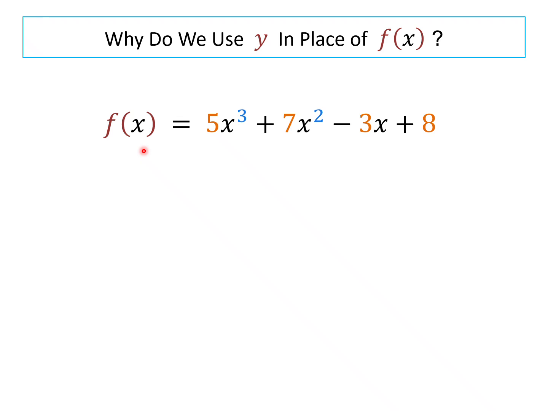Instead of writing all 4 letters, we can further simplify it by using a single letter y. So this is another variable which is the same as f of x. Only thing is, here only one letter is sufficient. So it has further simplified the naming of this expression.